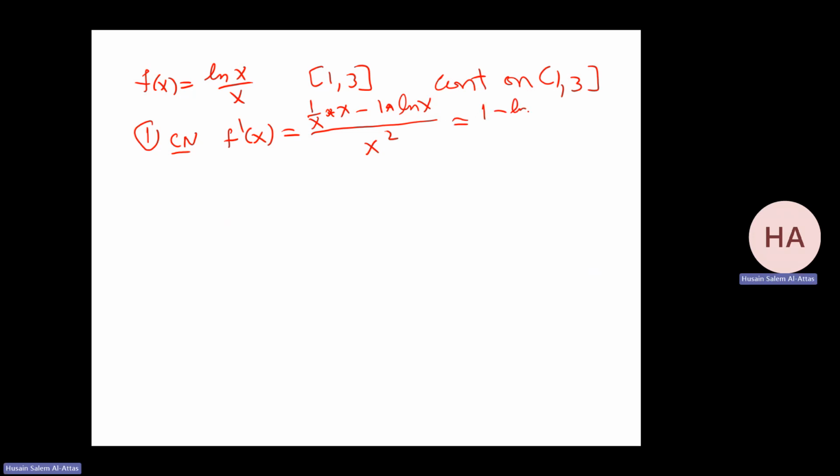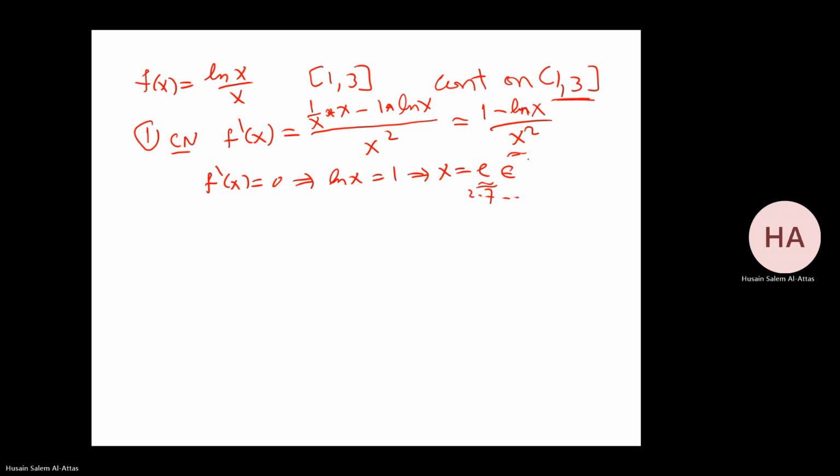That gives me 1 minus ln x over x squared. We have a problem at 0, which is not in the interval, so we don't care about that. So we need only to check f prime equals 0. So ln x equals 1, so x equals e. Is e in the interval? Yes, e is 2.7 something, so it's in the interval.